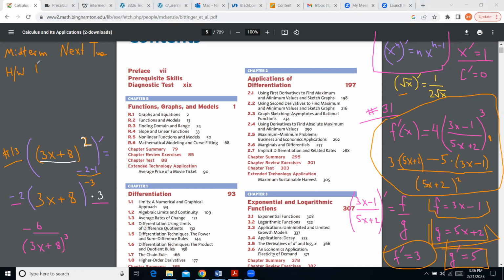So from review, we did the first 5 sections, right? We did up to R.5, we didn't do R.6. So first 5 sections from R. As well as up to date, we did the first 7 sections, looks like, from chapter 1. So it's 1.1 through 1.